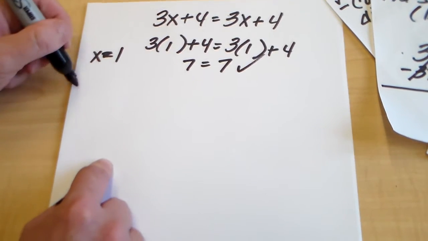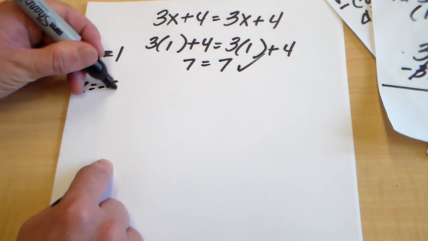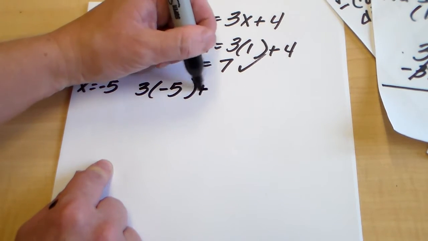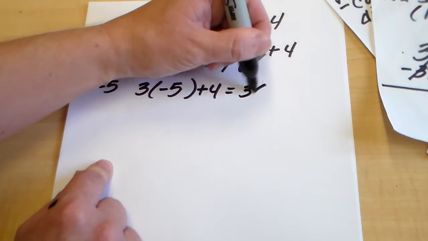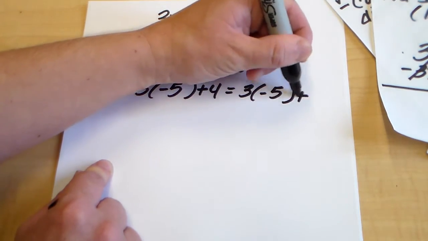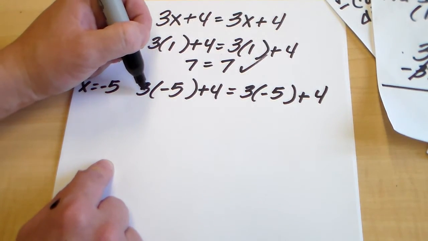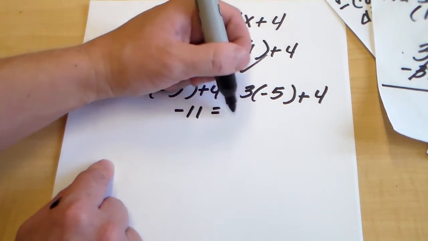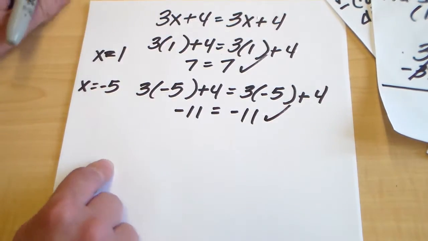Okay, it works. I could try x equals negative 5. 3 times negative 5 plus 4 equals 3 times negative 5 plus 4. So I have negative 15 plus 4 is a negative 11, and that equals negative 15 plus 4 is a negative 11, which also checks out.